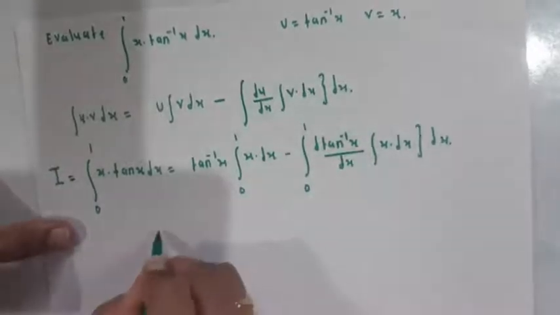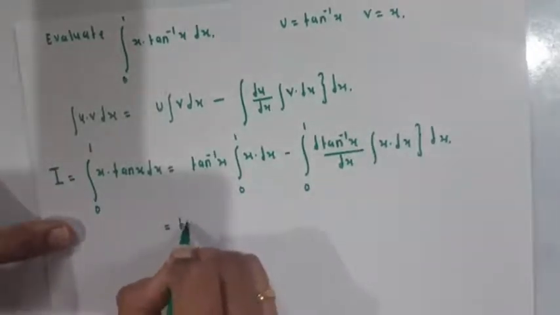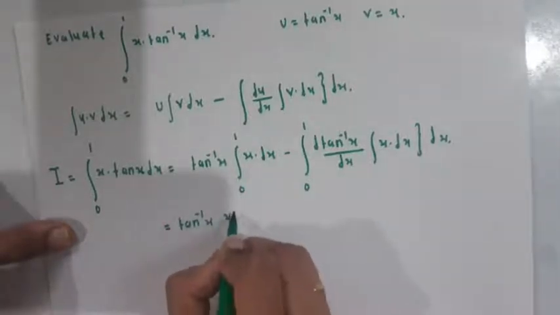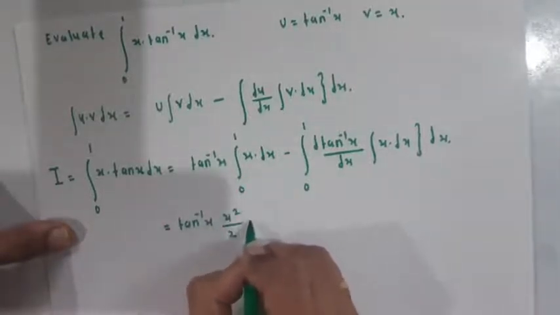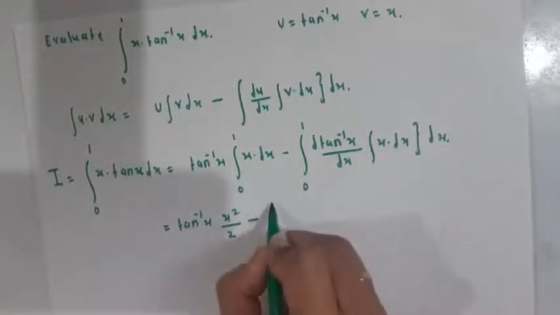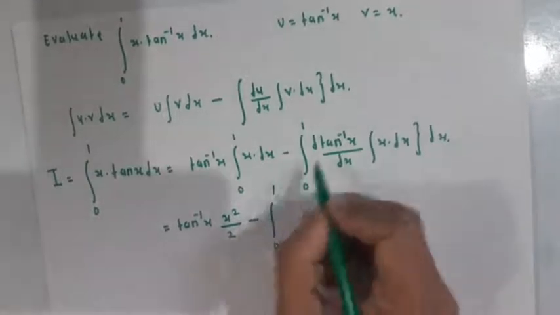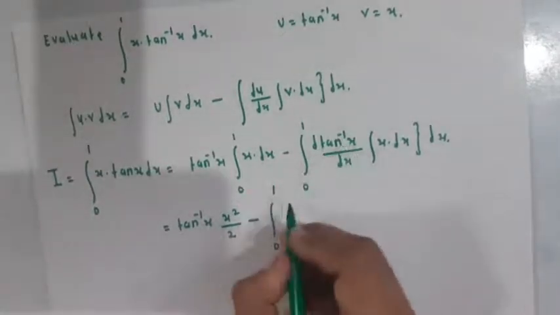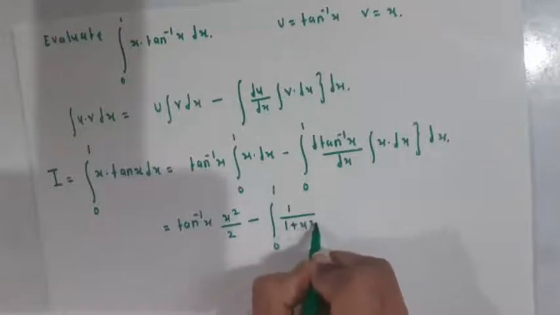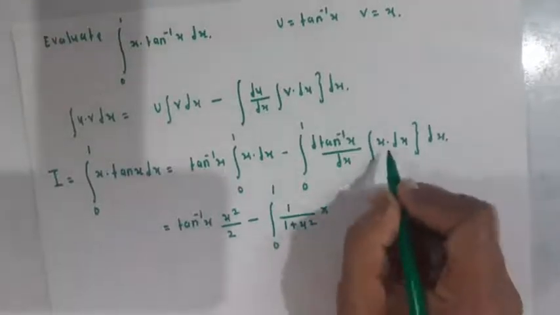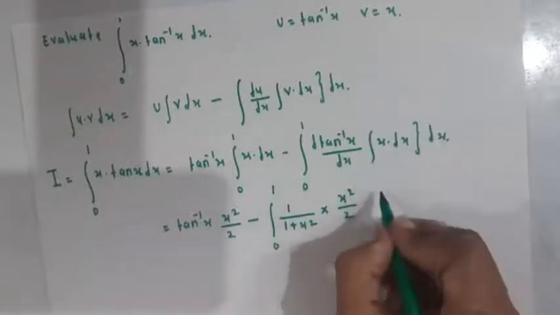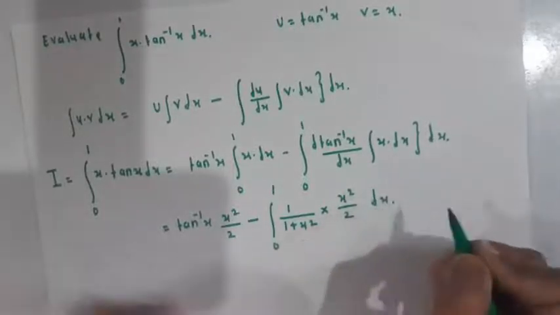Now this is equal to tan inverse of x as it is. The integration of x is x square upon 2, by using the x raised to n formula, with limits 0 to 1. The differentiation of tan inverse of x is 1 upon 1 plus x square, into the integration of x, which is x square upon 2, and the whole integration with respect to x.